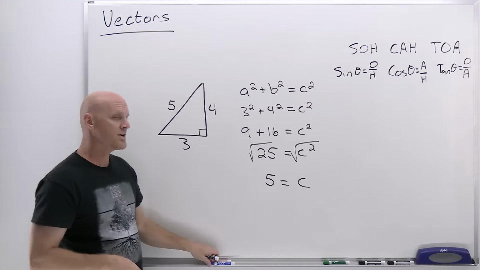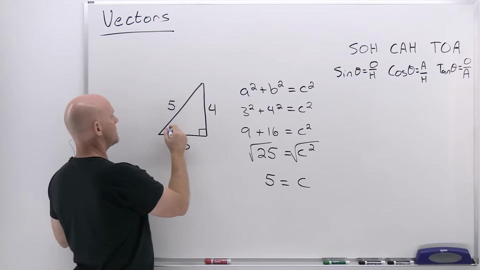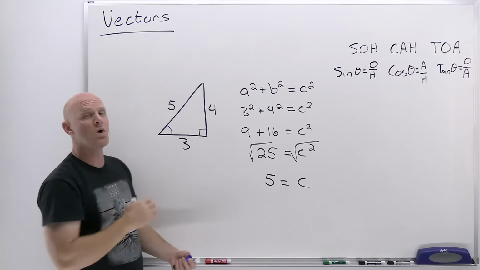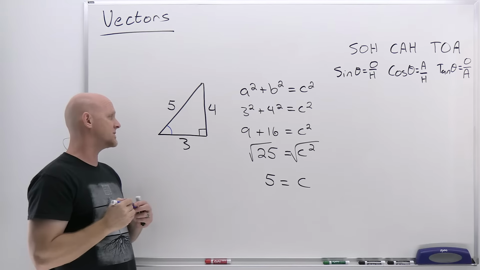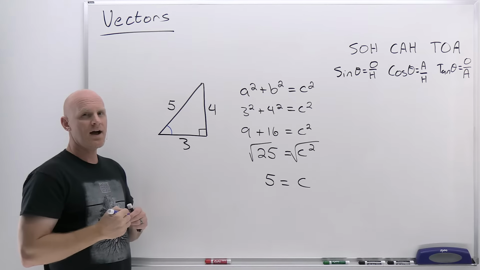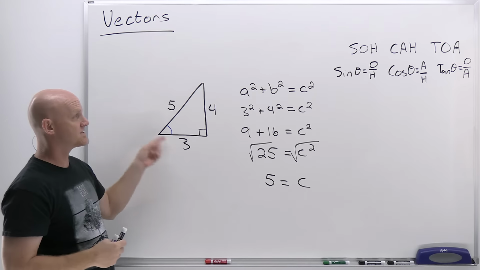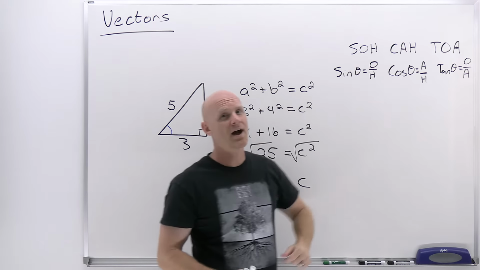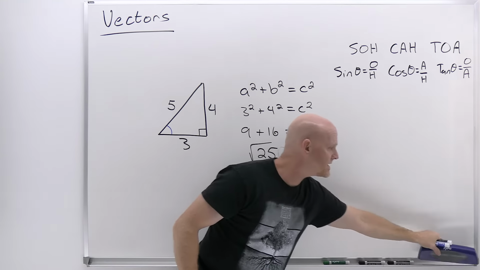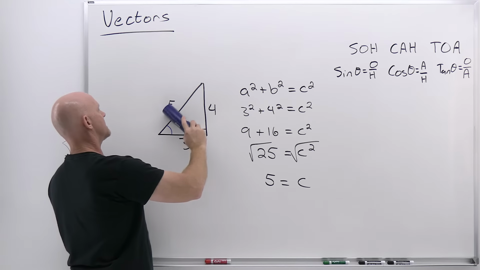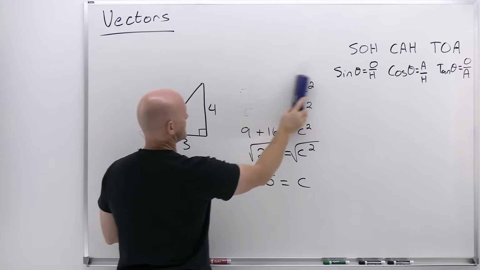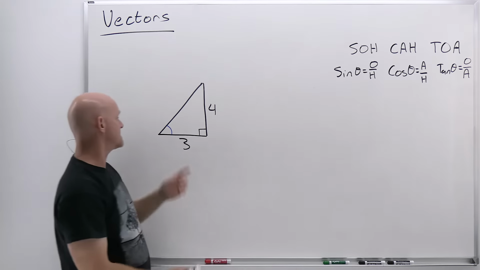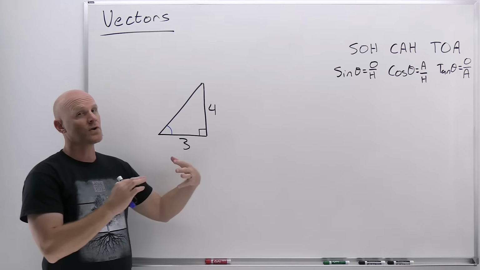Now, what if I was curious about what this angle was right here, or what this one was? It's this one that I want, and we'll see why when we get to vectors specifically. But what might I use to figure that out? In knowing all three sides, I could use any of these trigonometric identities. However, before we figured out the hypotenuse using the Pythagorean theorem, based on what I currently know, what would I use?